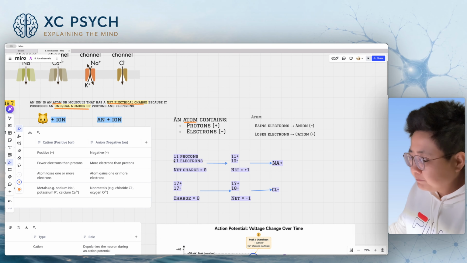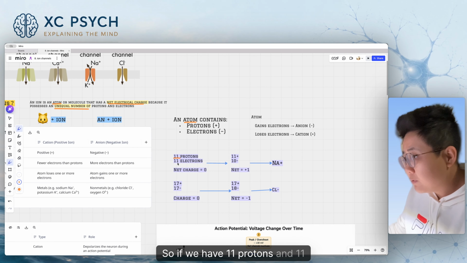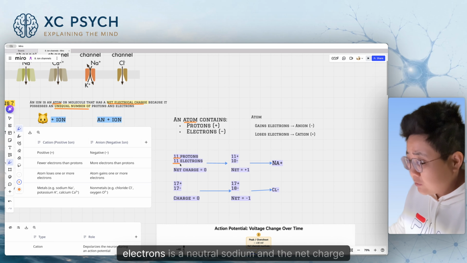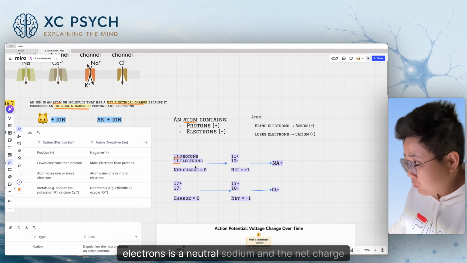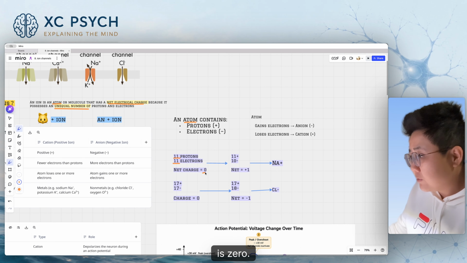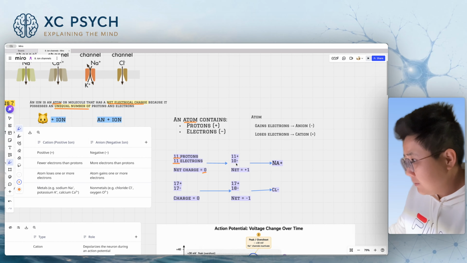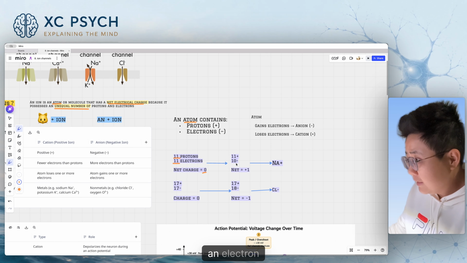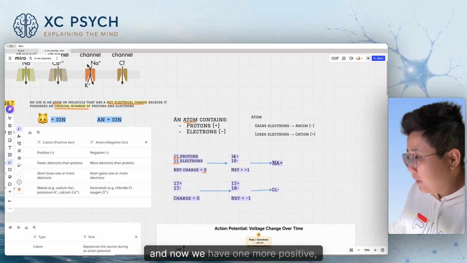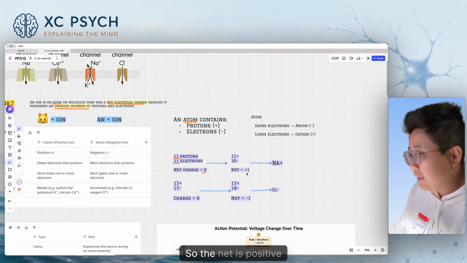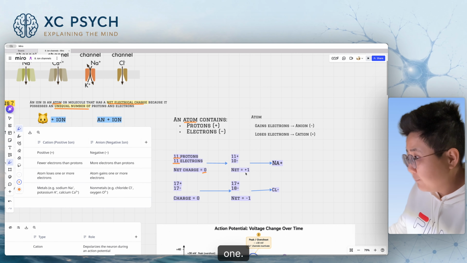sodium for an example. So if we have 11 protons and 11 electrons, it's a neutral sodium, and the net charge is 0. And imagine we've lost an electron, and now we have one more positive, right? So the net is positive 1.